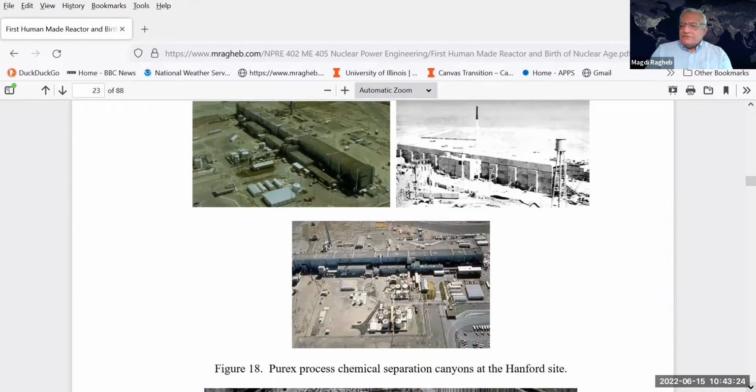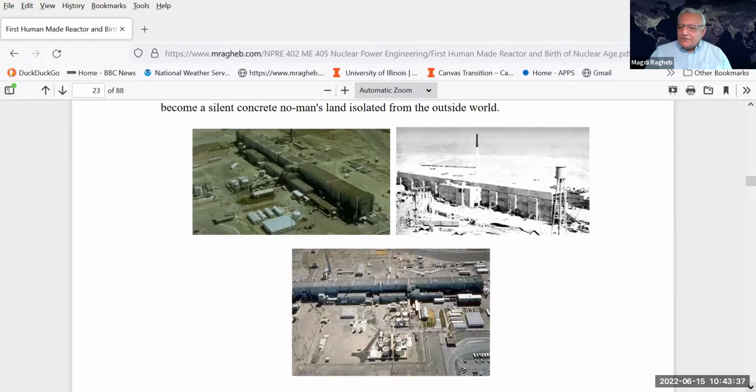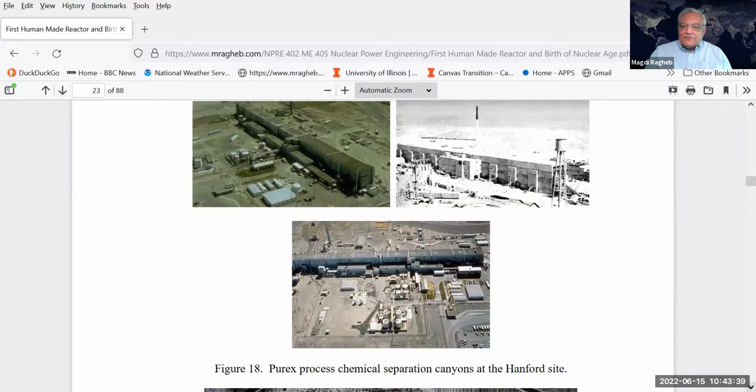The radiation levels in that case were quite high, so they had to do all the work of extracting the plutonium from the uranium on a remote control basis. So they did that in what they called canyons, basically chemical reprocessing plants. The thickness of that concrete here was 15 feet, and they had to develop the techniques for remote imaging using periscopes initially, and then they used the video cameras.